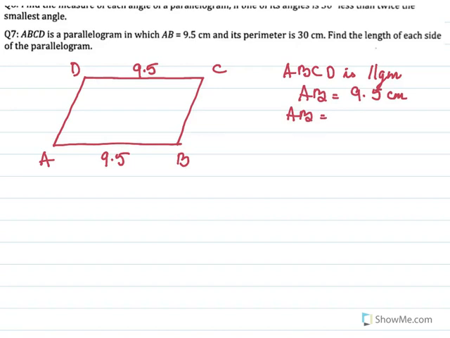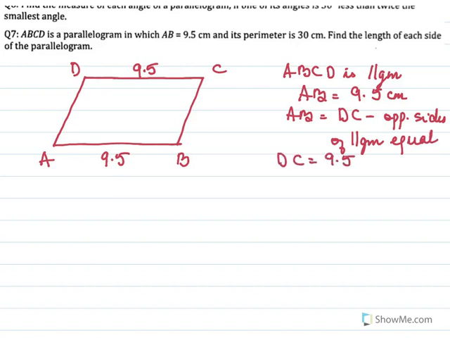And we know AB equal to DC, opposite sides of a parallelogram are equal. So we'll write DC is also 9.5. And the other two sides are not given. We're going to take it as X. This is also equal. We'll take them as X and X.